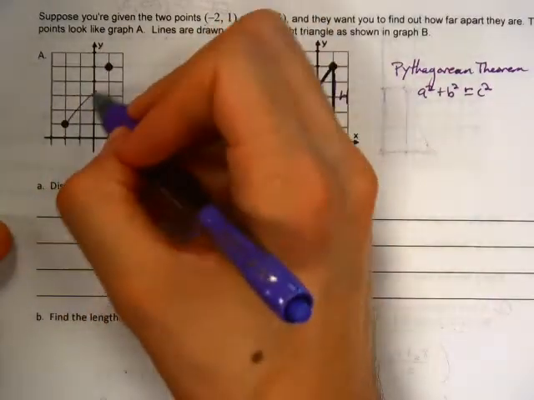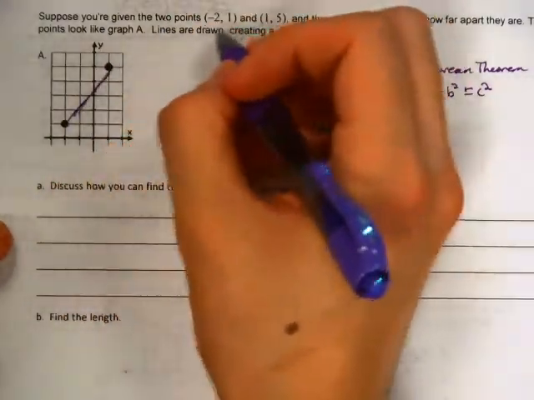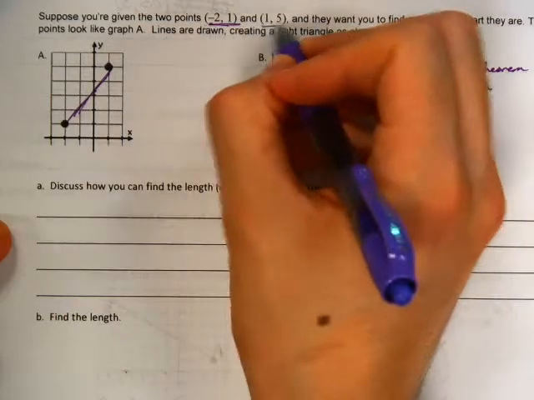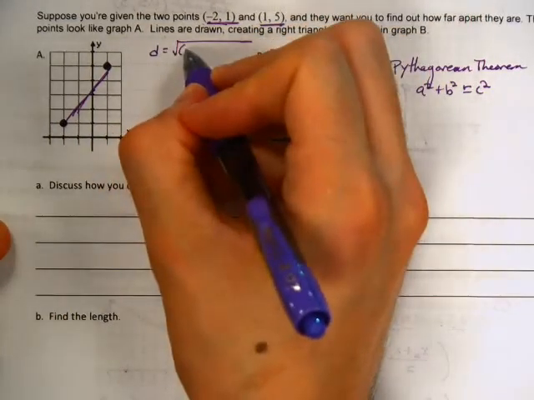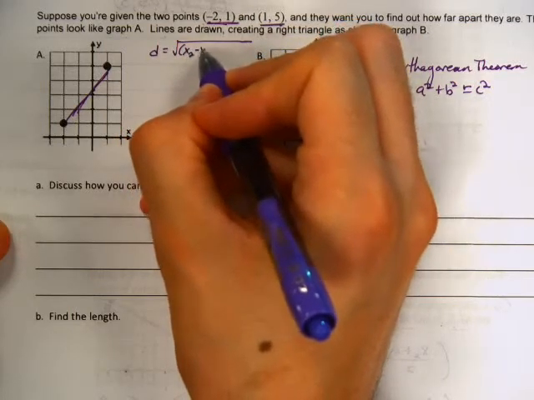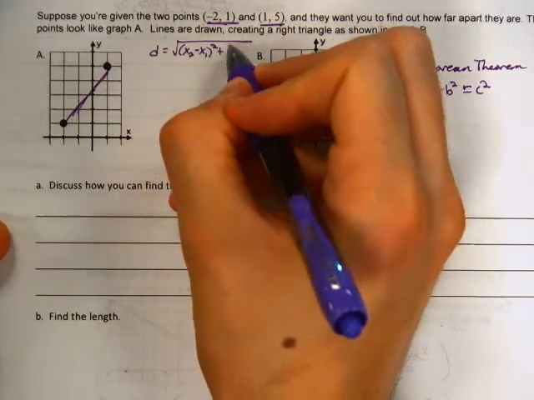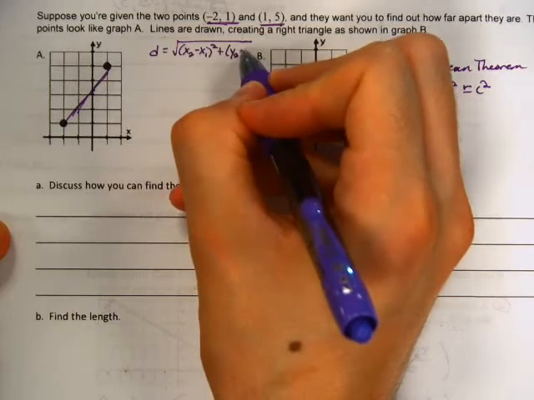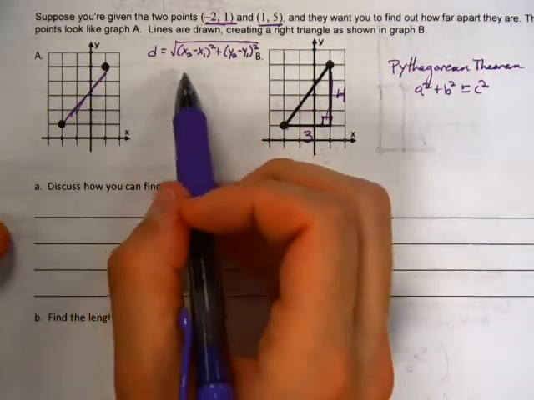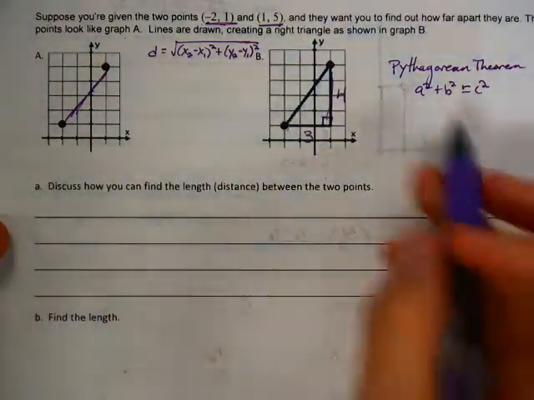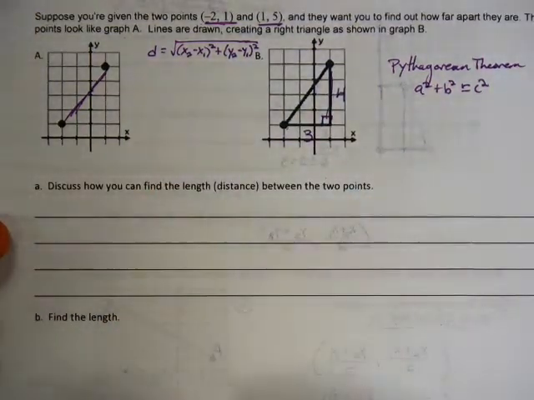Or you could find it using the distance formula. Knowing that these 2 points are negative 2, 1 and 1, 5, you could use the distance formula, where you subtract your x values and square them, and subtract the y values and square them, and take the square root of that sum. So either way you go, you would find the length.